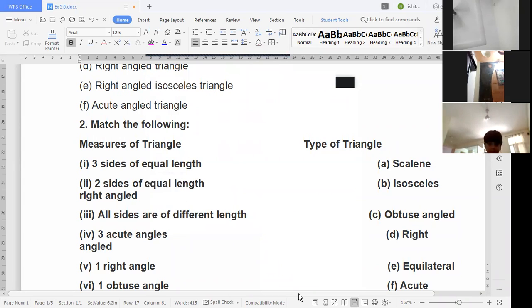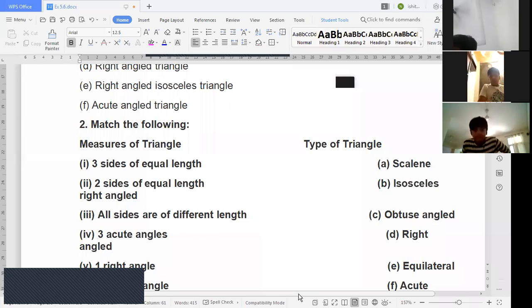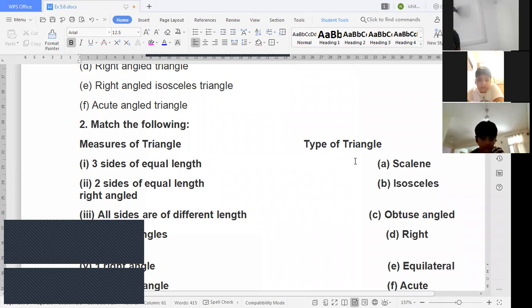Utkarsh, tell me the third part. All sides are of different length. Unmute yourself, beta. Aditya, you are correct. Arsh, correct. Wait, Madhav. Utkarsh, tell me.